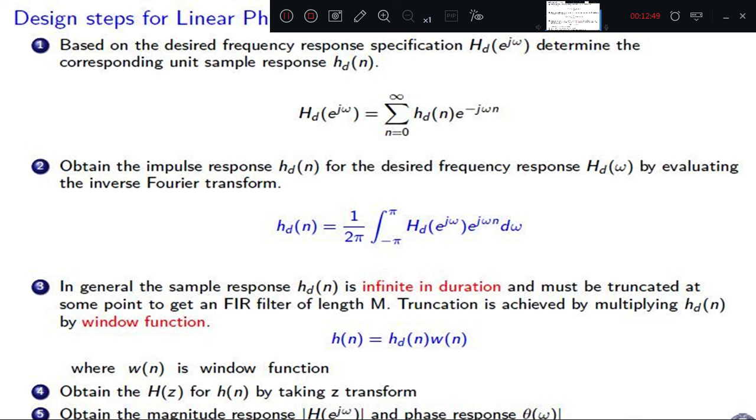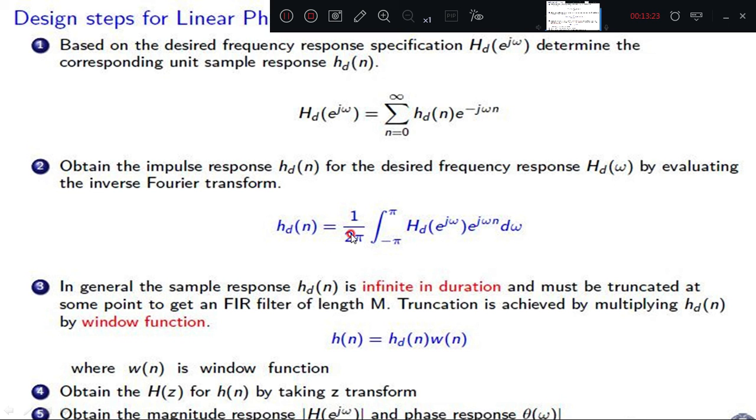In the problem statement they will give the frequency response of the ideal IIR filter, that is HD of e raised to j omega. So you have to perform the inverse Fourier transform so that you will get HD of n. So this HD of n is the inverse Fourier transform of HD of e raised to j omega, right? That is performed using this equation, 1 by 2 pi from minus pi to plus pi, HD of e raised to j omega, e raised to j omega n, d omega, right?